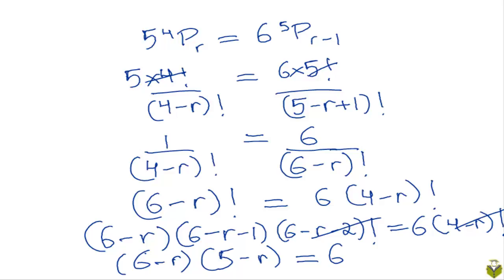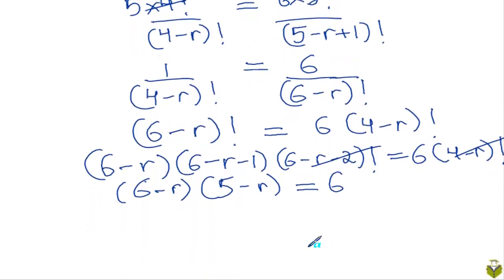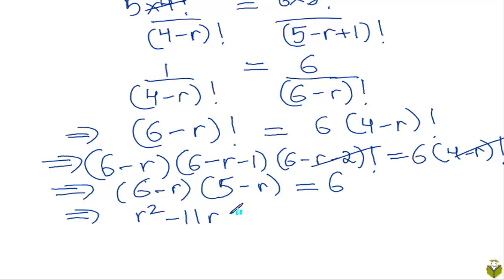I'll just go slightly down in the screen, because this much I should always write, since we want to be precise. And then we just open this. It is r square minus 11r plus 30 equal to 6.